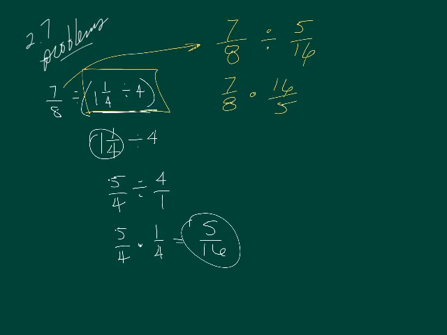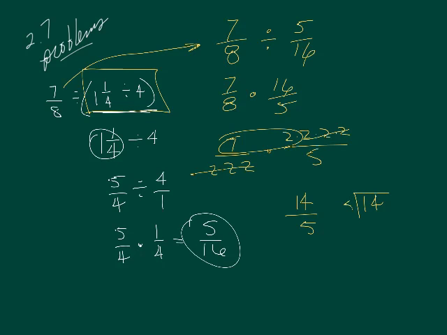Alright, so product of primes again. 7 is a prime, you don't do anything to that. 8 looks like that. 16 looks like that. Over 5, we can cancel those three 2's with those three 2's, and we have 7 times 2 over 5, and 14 divided by 5 is going to be 2, 10, 4, and that's it.